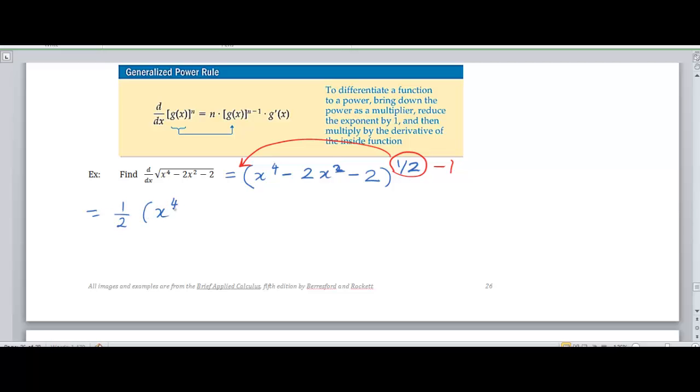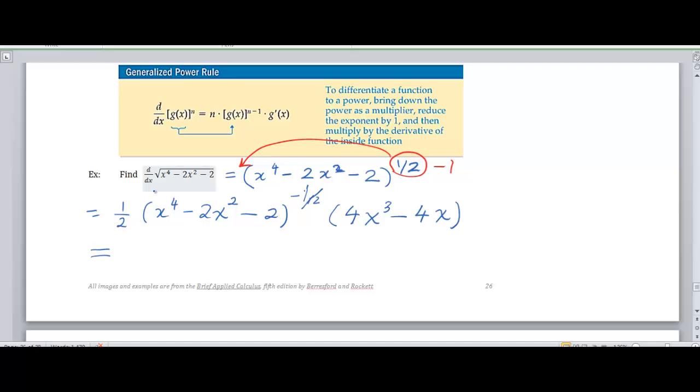Leave the inside alone. Raised to the 1/2 minus 1 is negative 1/2. Times the derivative of the inside, which is 4x cubed minus 4x. Okay?